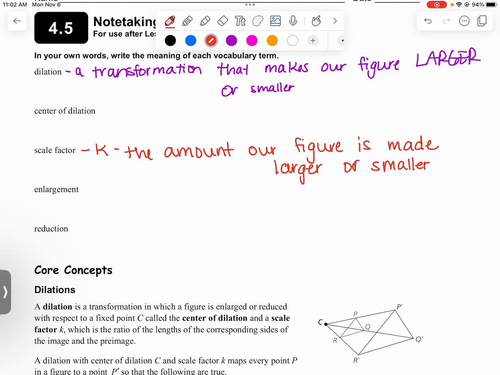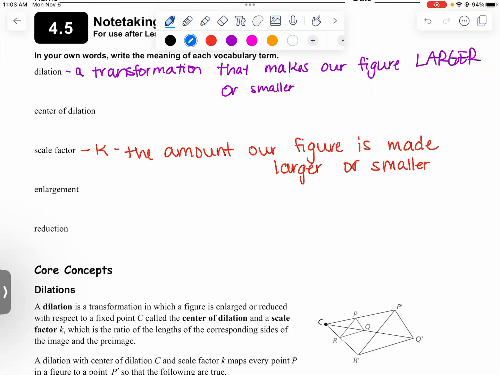So if our scale factor is 2, what do you think is going to be true about our shape? Its size is going to be double, twice the size. If our scale factor is 1/2, our shape is going to be half the size. So it's going to tell us how big or how small our shape is going to dilate to.